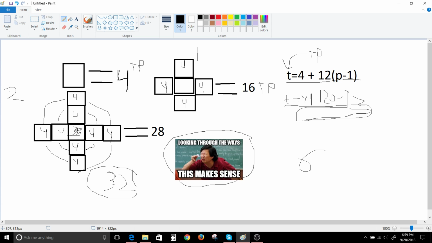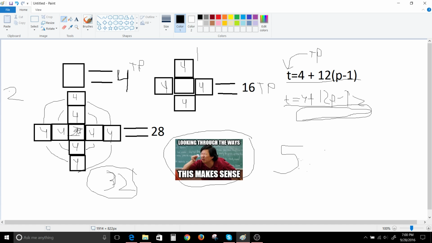And since we were looking for 6, everyone figured that we would add a block onto each side 3 times. No, actually, we were looking for the 5th design. So let me erase the 6. We were looking for the 5th design, which in that case we would add 3 blocks to each side.